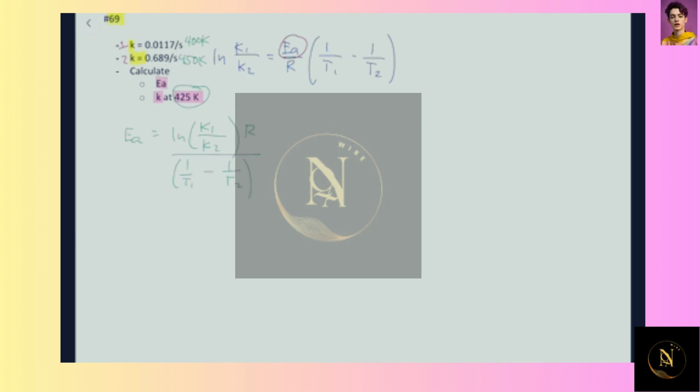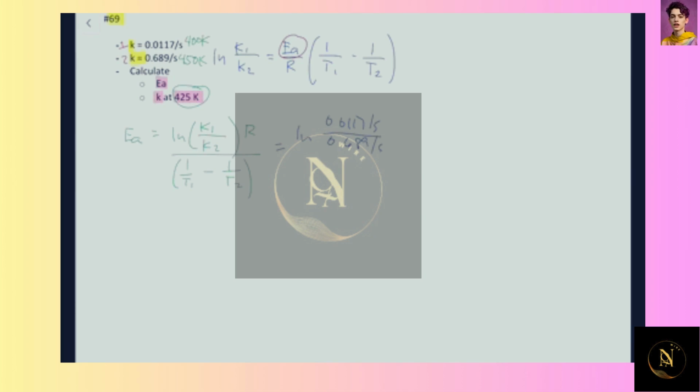Now that we have it all arranged, we're really just plugging in numbers. I have ln of K1, which is 0.0117 per second, over K2, which is 0.689 per second.